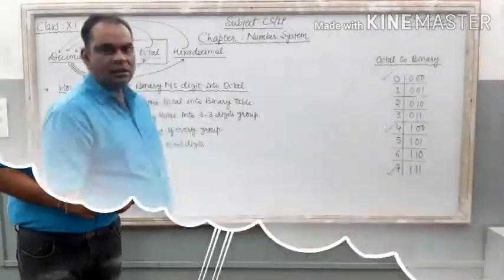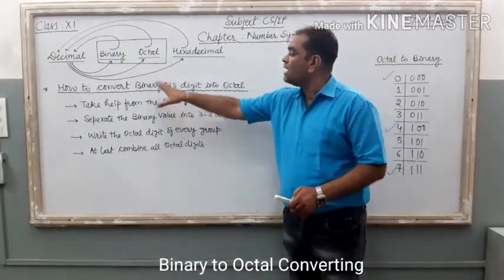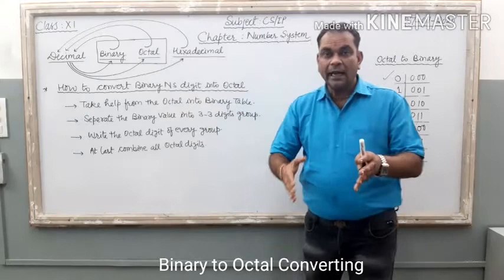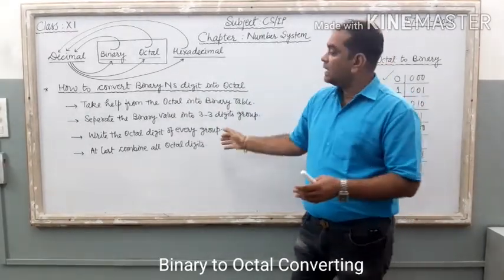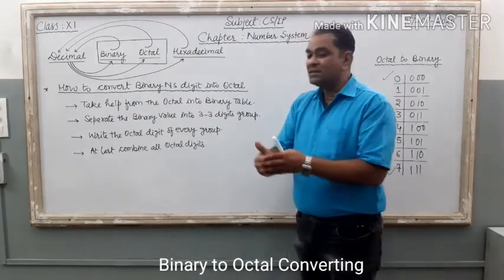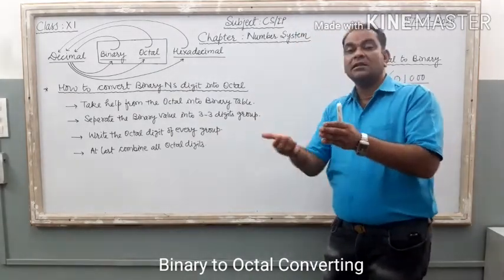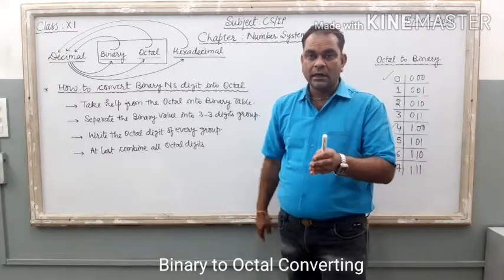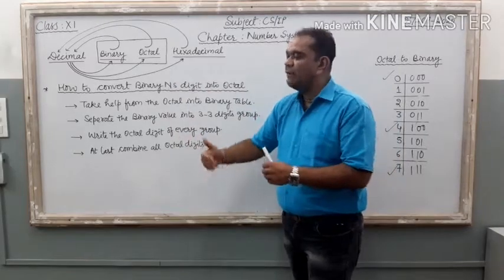Clear? Now our next topic is how to convert a binary number into its octal equivalent. In the previous session, we did how to convert octal into binary. Now in this session, the reverse order, binary into octal. For that, we have to follow these 4 steps.